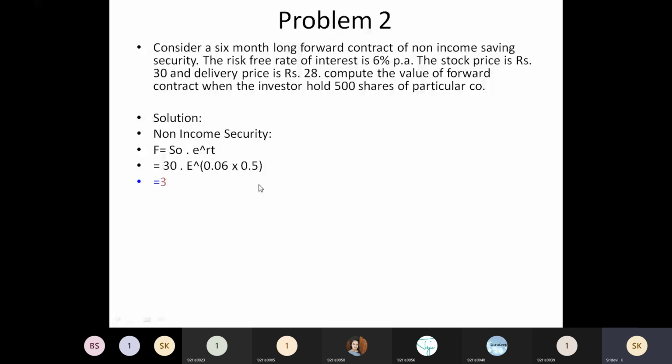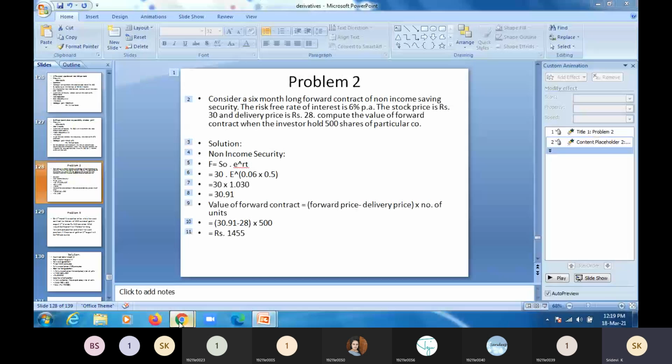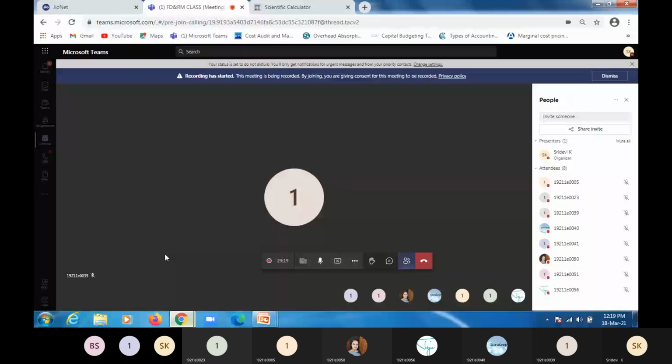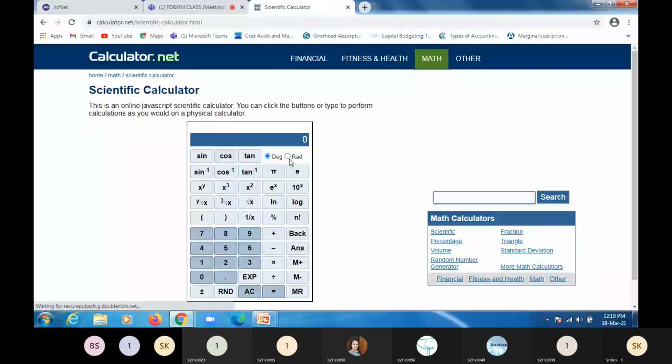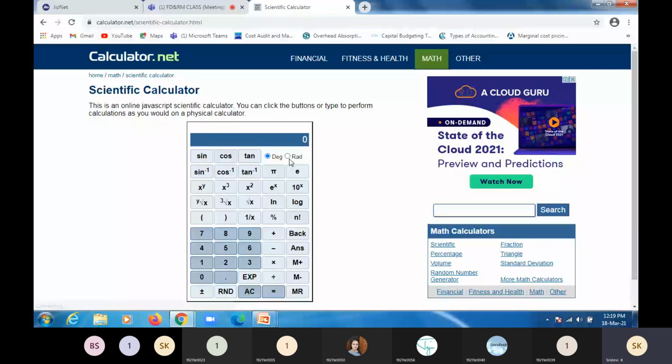Today I am going to use the online calculator, because if I use the mobile calculator, it is giving blank. See, this is the scientific calculator that I am taking from the online calculator. You can see the symbol e power x is there now. This key you have to press.